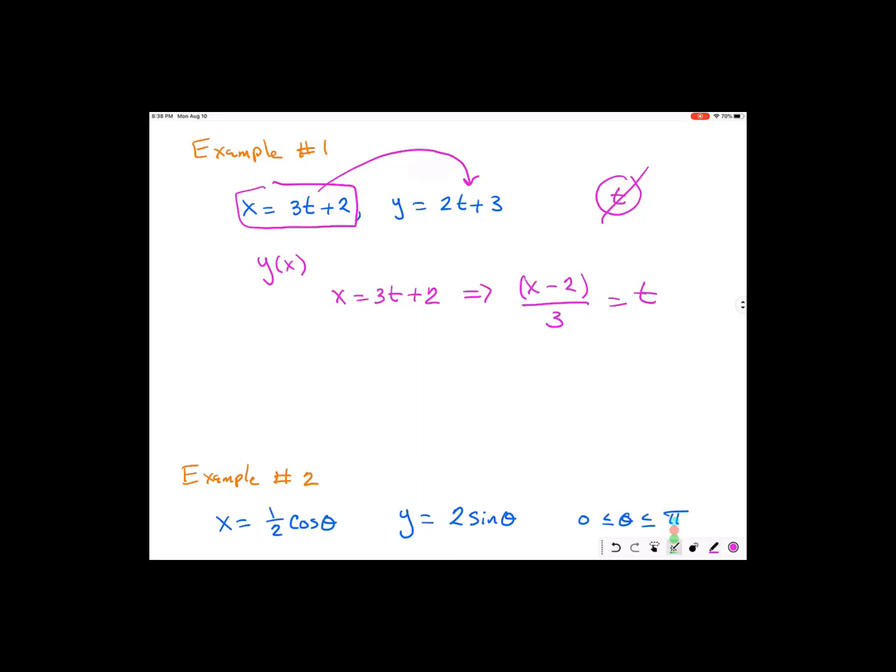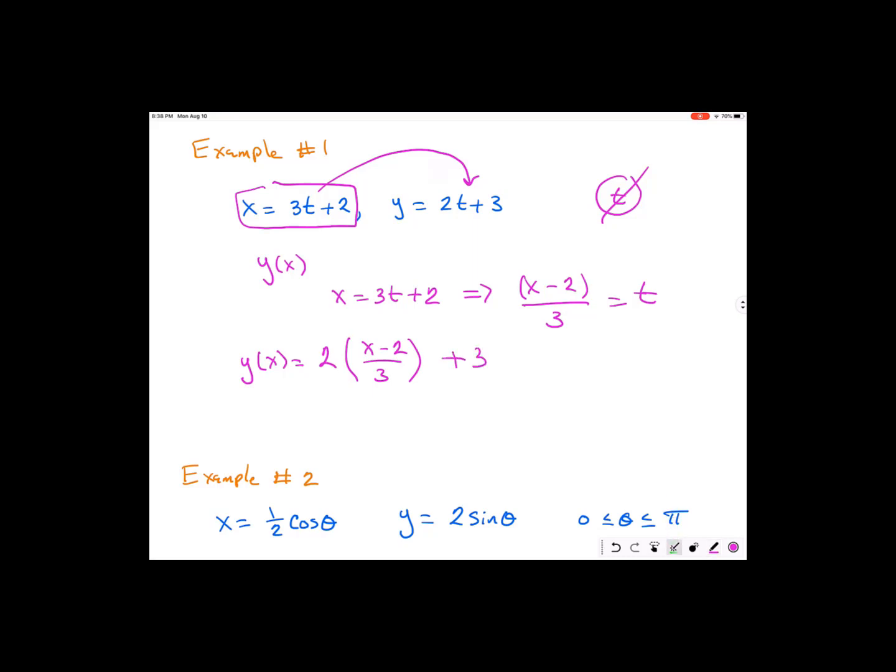Then I'm going to plug this t in for the y side. And when I do that, I get y of x equals, and then I'll have 2 times t, but t is equal to x minus 2 divided by 3, and then plus 3.